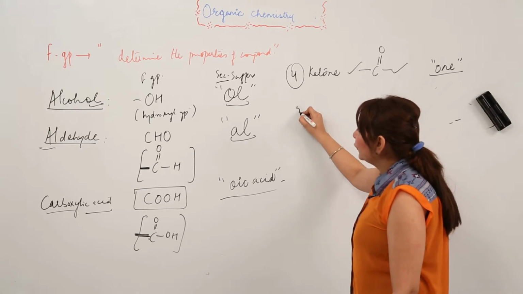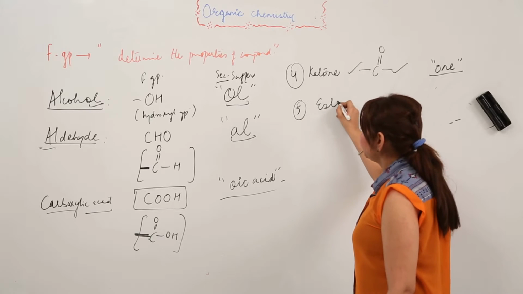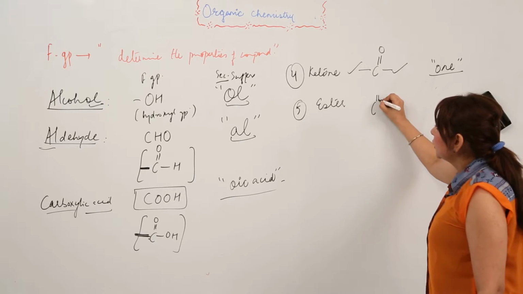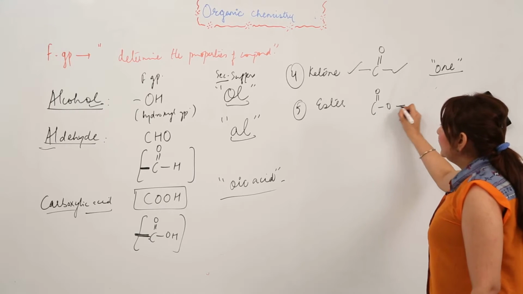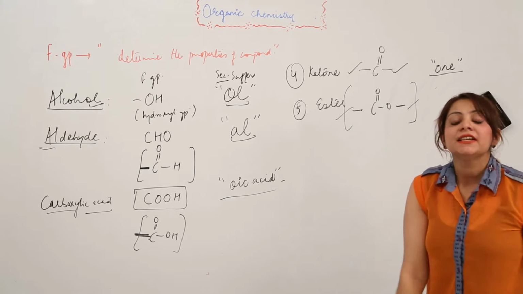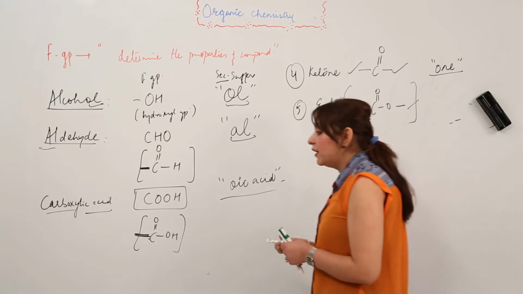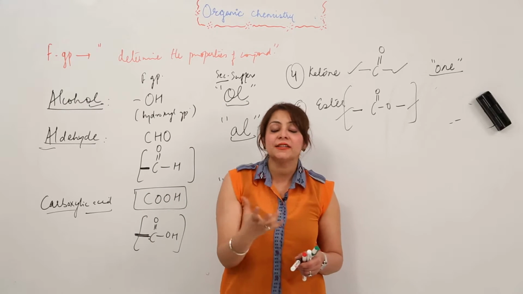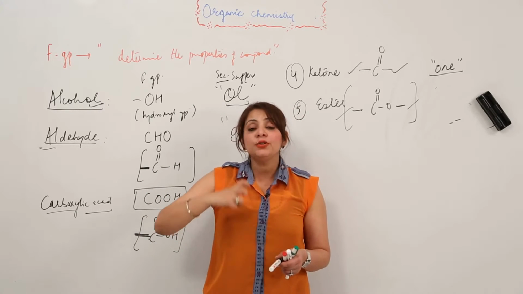And moreover, we have one more, that is ester. How is ester indicated? If you see this kind of group present in a compound, it indicates it is an ester. And you know that esters are the compounds with the fruity smell. They are actually used in perfumes, ice creams and all. They are used as a flavoring agent.